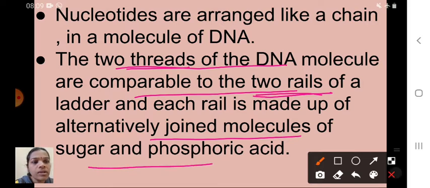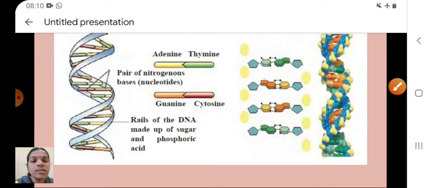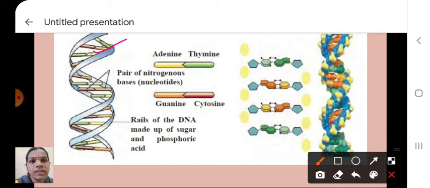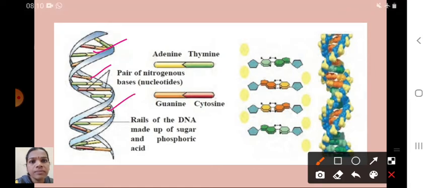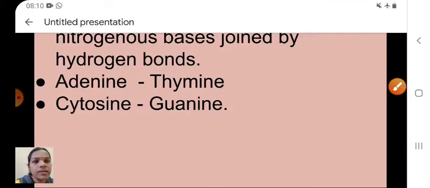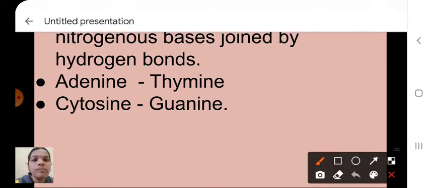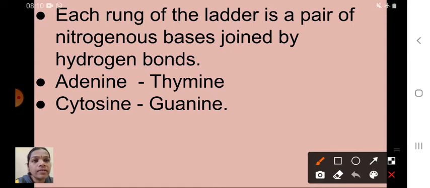Okay, you will come to know this when you observe the structure of a DNA. See here, two strands, it is alternate. Yes, see here, children. Next one, this one is what? It is a nitrogenous base. Okay, see here, each rung of a ladder is a pair of nitrogenous bases joined by hydrogen bonds, as I told, isn't it, children?